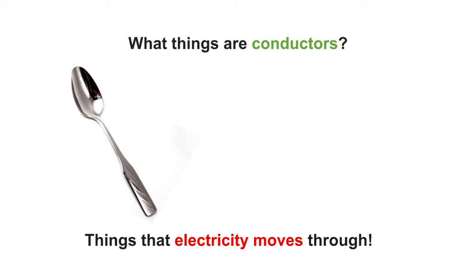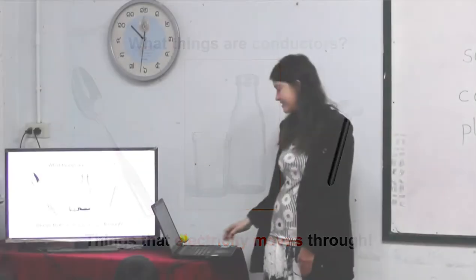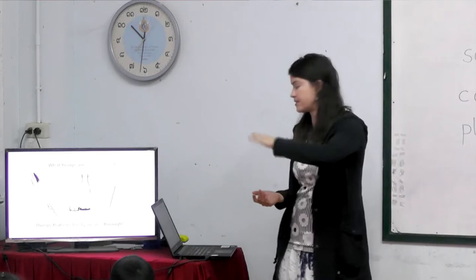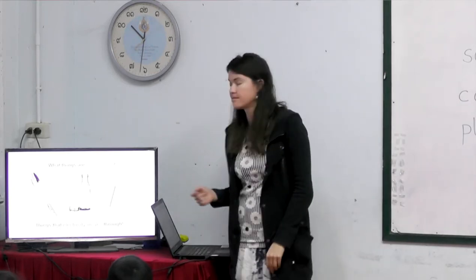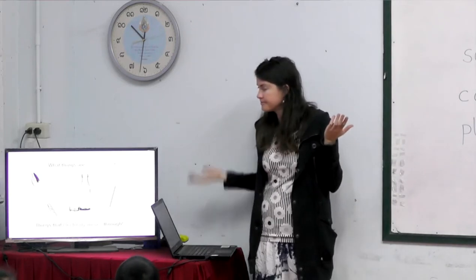What is this? A spoon, a glass bottle, and a nail. Good, a nail. What do you think electricity is going to move through out of these pictures? The spoon? Why? And nail is metal.